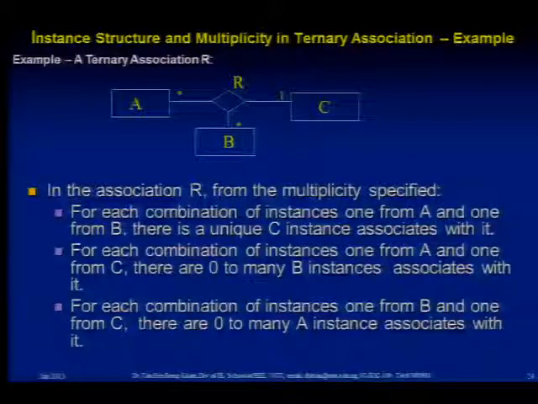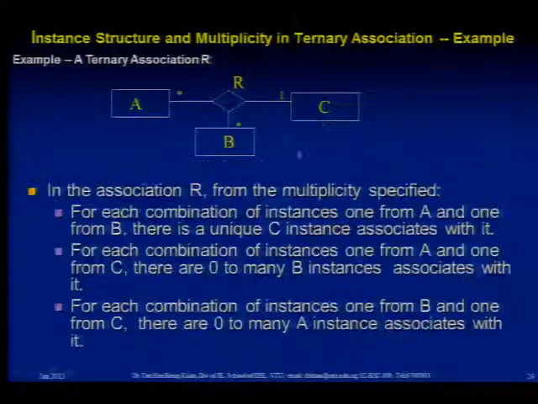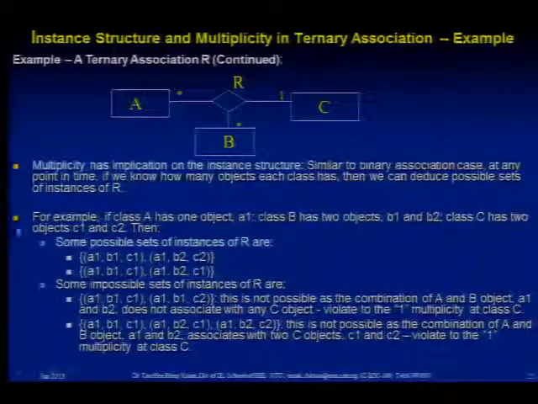Okay, now we come to ternary associations. This is just a refresher of the definition, so we will go through the definition together here. Now we have a ternary association for 3 classes, and we assume that at this moment, A has only 1 object, B has 2 objects, B1 and B2, and C has 2 objects, C1 and C2.